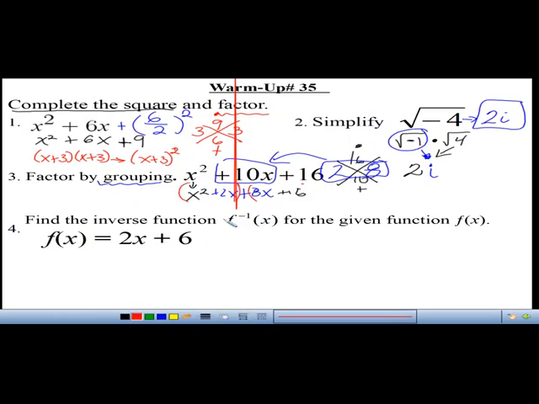What is the GCF here? The GCF here is x, we're left with x plus 2, plus the GCF here is 8, and we're left with x plus 2. So my factors are x plus 2, x plus 8.